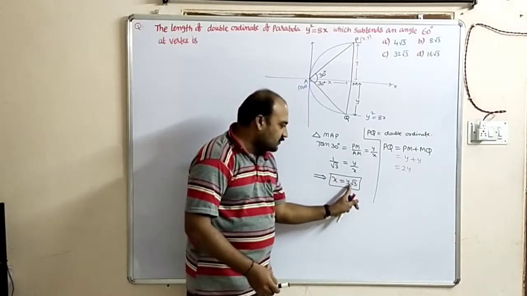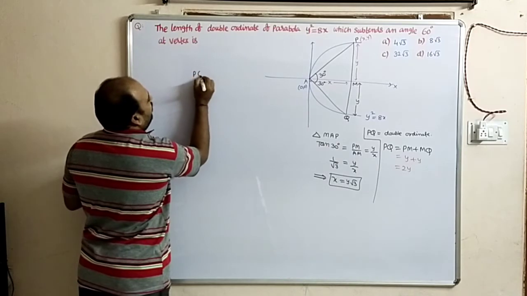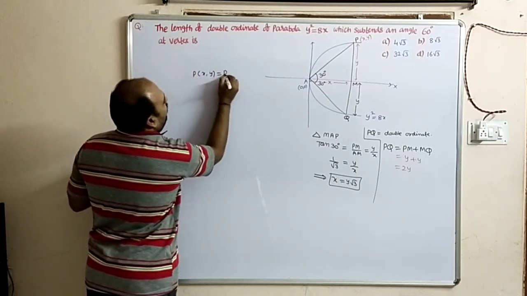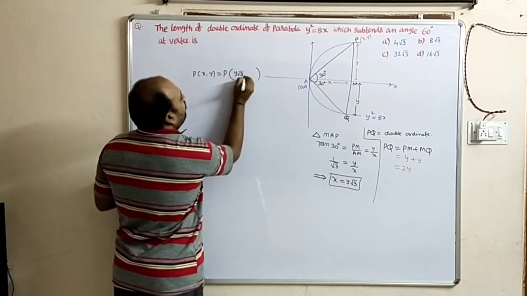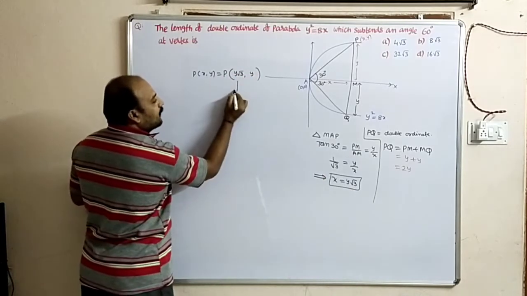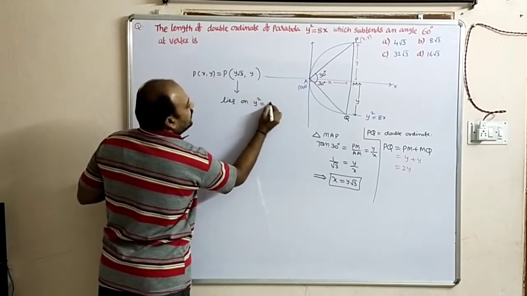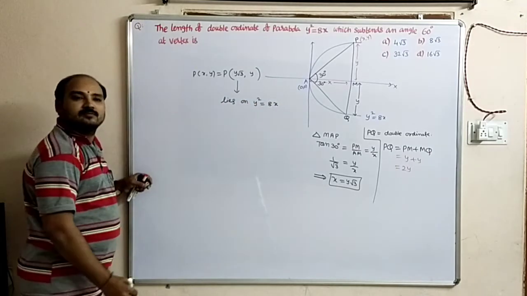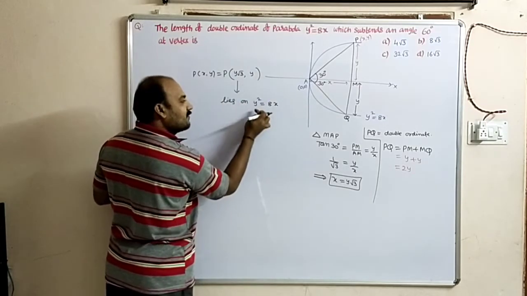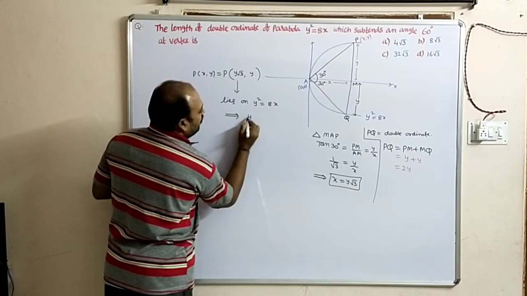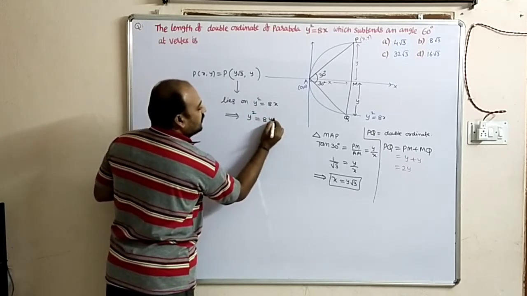Whenever x value is y root 3, the point P of x comma y becomes P of y root 3 comma y. This P point lies on y square equal to 8x parabola. So in place of x, y root 3, in place of y, that implies y square equal to 8 into y root 3.